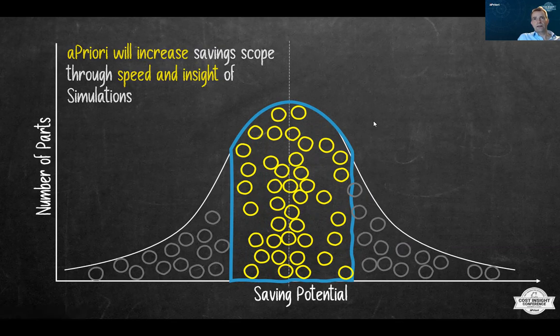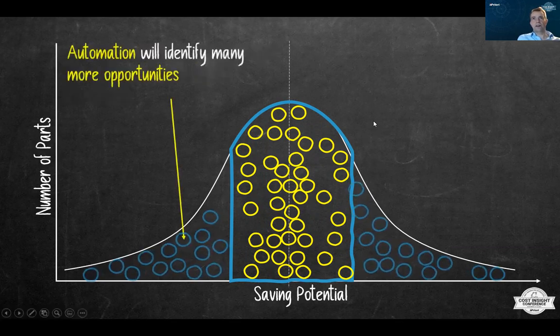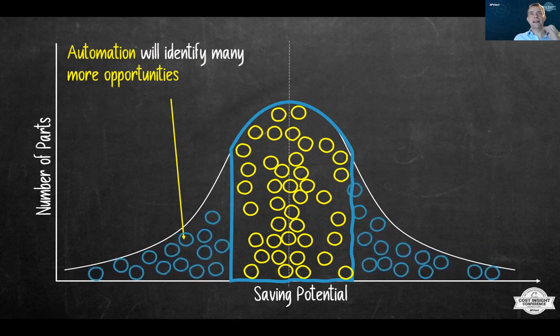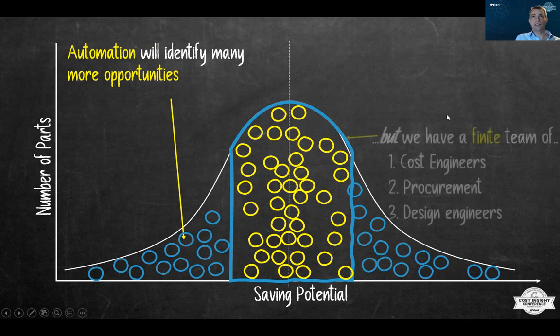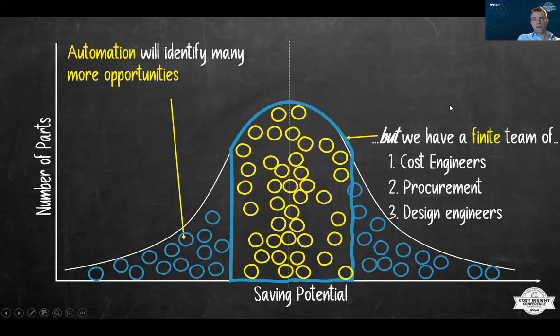But what about everything else? This is where Cost Insight Generate automation helps us. All these components and assemblies we haven't had time to look at before, but if we can, it means that we can find the best opportunities. But unfortunately, we can't do everything.